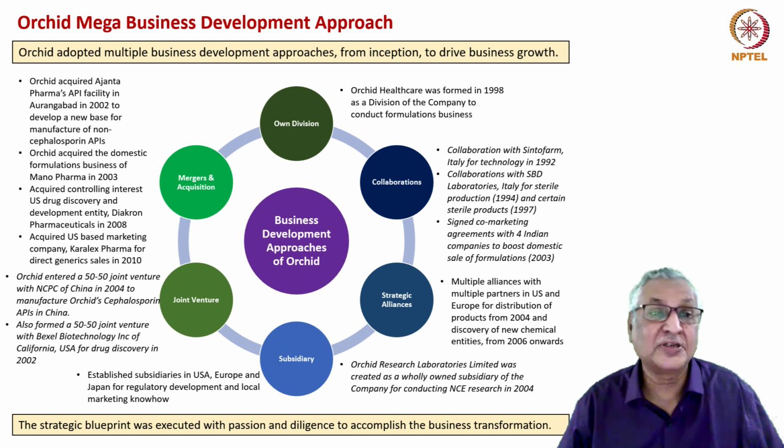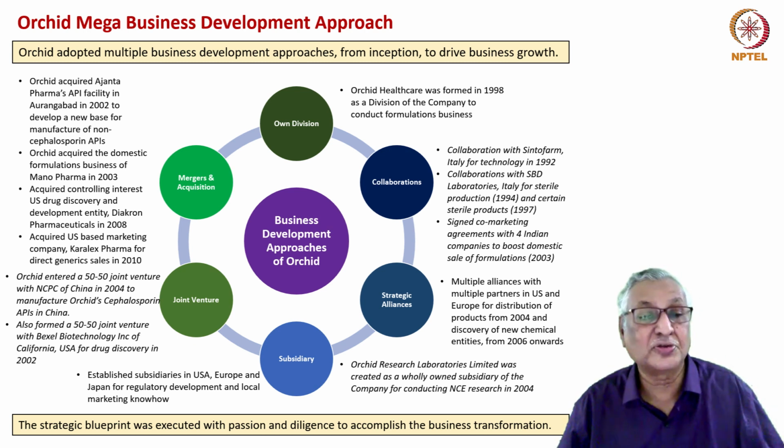Then having subsidiaries in USA, Europe and Japan, and expanding the domestic formulations business through a merger and acquisition and adding more capabilities in drug discovery area through the joint venture stake in Diacron. The strategic blueprint was executed with passion and diligence to accomplish the business transformation.